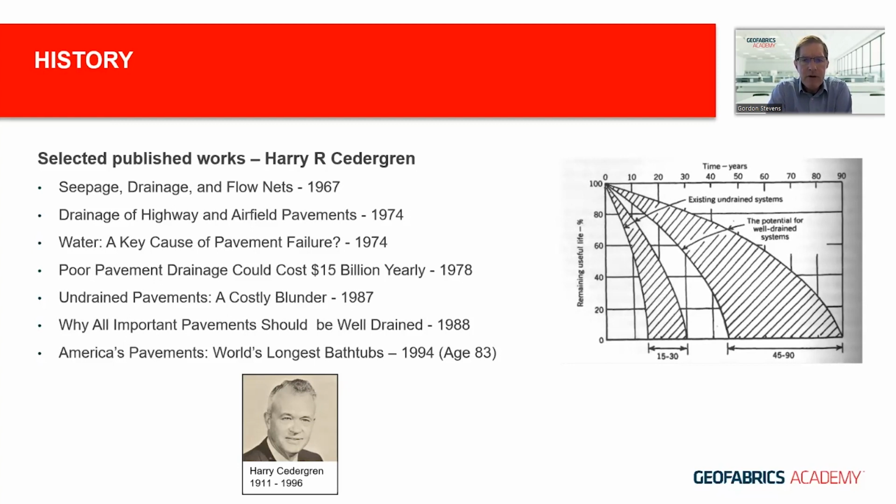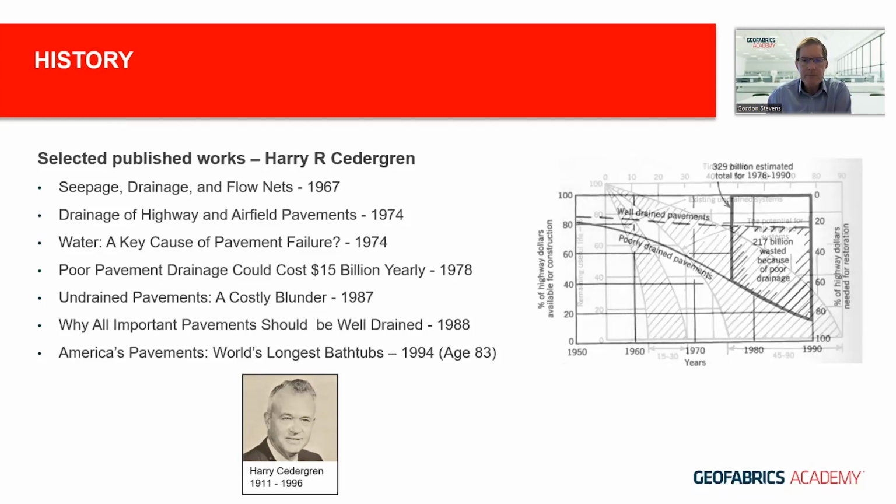And you can see quite a remarkable difference in the working life of the undrained or poorly drained pavement versus the well-drained systems. And clearly this comes at a cost, and that's an indication back through to 1990 of the dollar value in loss due to poor drainage of pavement systems.